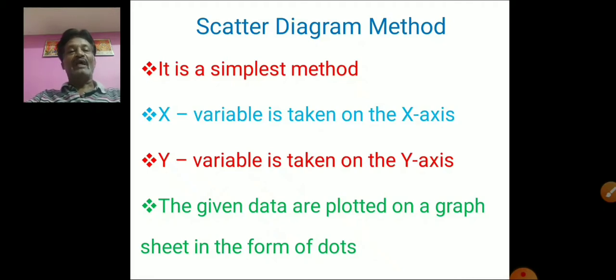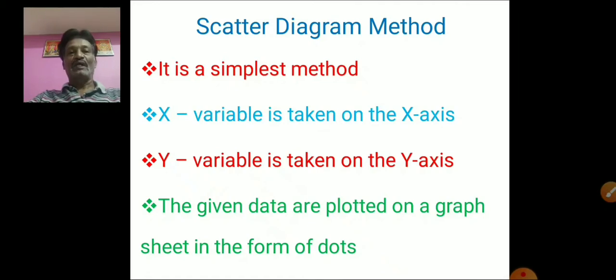In this way, however many pairs of values are given in the question or the sum are plotted as dots, and after plotting the dots, we connect all the dots. According to the structure of the line we get, we can explain the relationship between the variables.